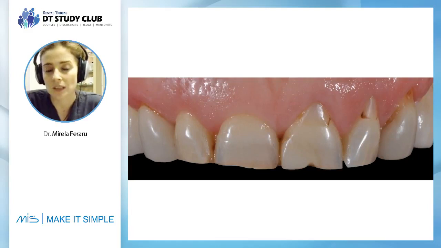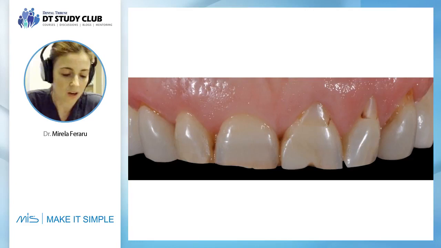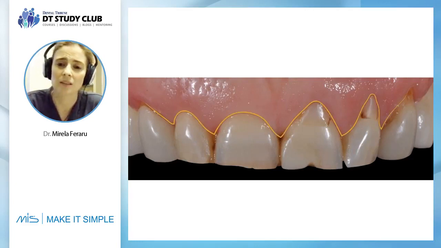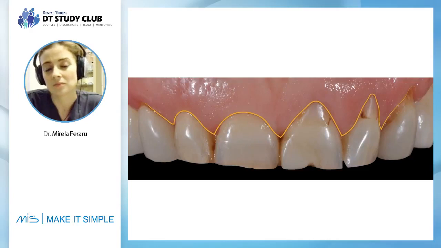So just by looking at the images and performing all our data analysis, we understood that we are dealing with a pretty challenging case, because she had a high lip line, so the cervical part was very visible when she was smiling, and we have pretty obvious discrepancies in terms of the positions of the soft tissue margins between the right and the left hand side, and also in terms of the contours.